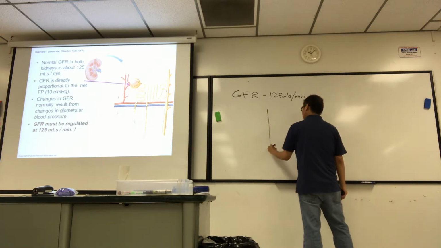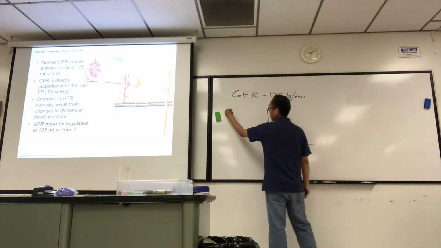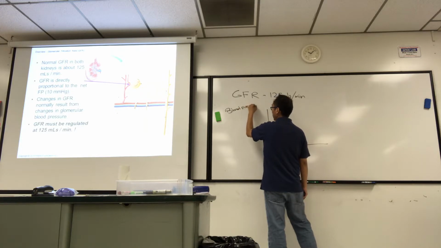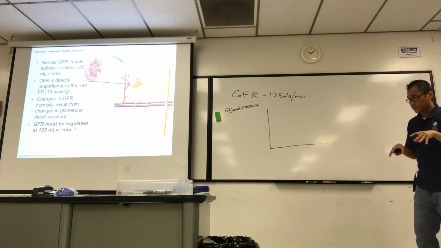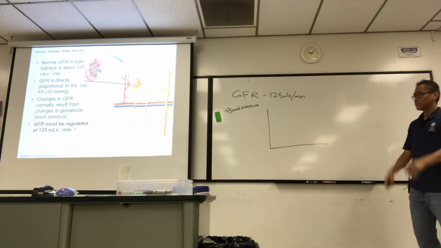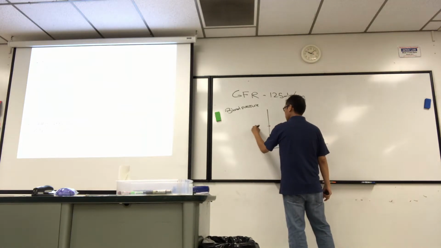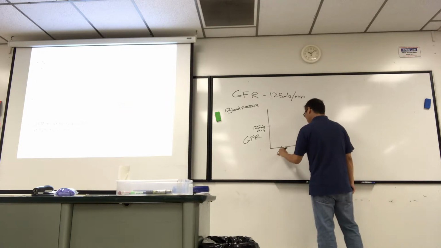So this 125 mils a minute is highly regulated. It's proportional to blood pressure. So think about blood pressure. Blood pressure could fluctuate, but even if it did, GFR is highly regulated. Here's the data that I usually see in books. Let's plot GFR against good old BP through a range of about 80 to 200.